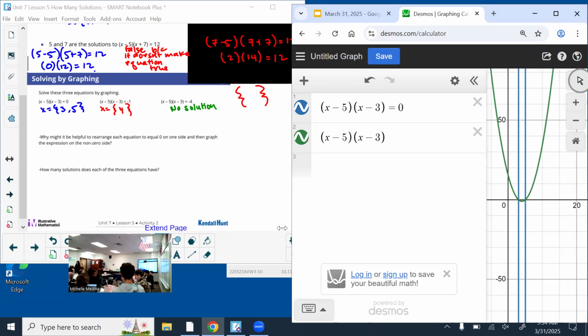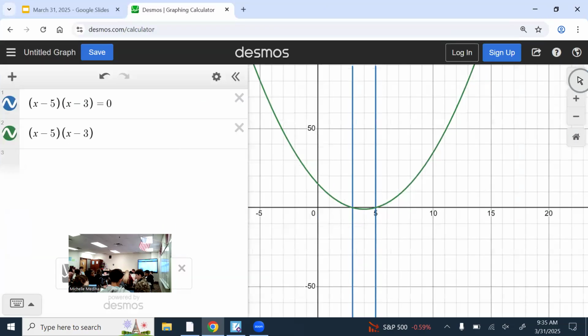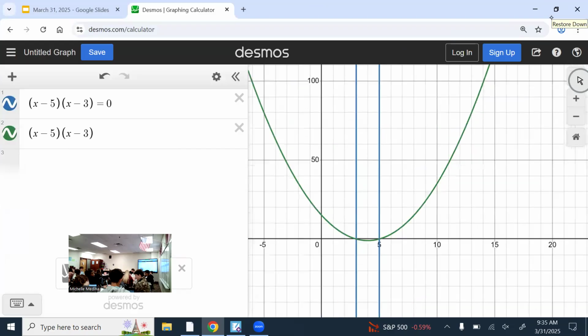What's the advantage of the green graph over the blue graph? So why might it be helpful to rearrange it to set it equal to 0 and then graph the non-zero side? What is different?